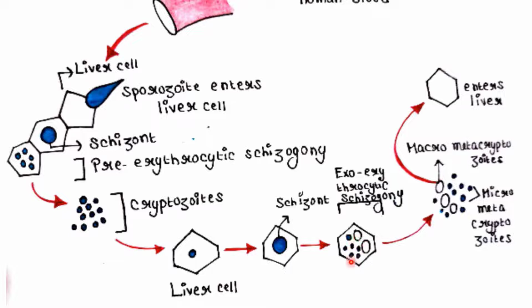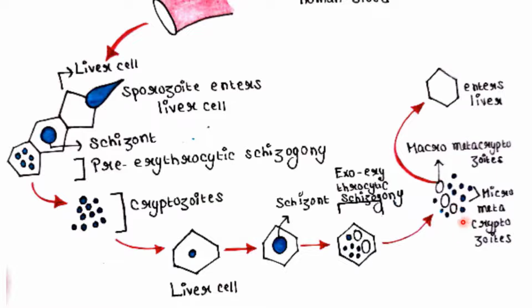This time, these cells are called metacryptozoites. Again, due to the pressure, this liver cell bursts and releases these metacryptozoites.